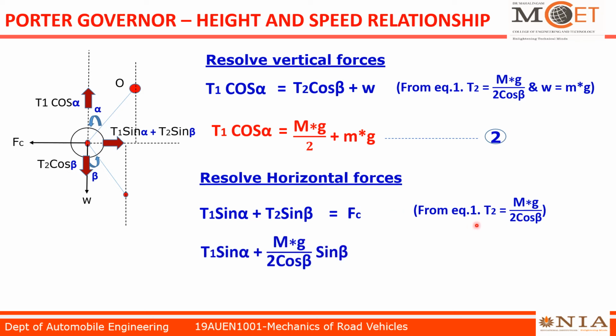If we apply this T2 value here, we get T1 sin alpha plus Mg divided by 2 cos beta into sin beta equal to Fc. T1 sin alpha plus Mg divided by 2 sin beta by cos beta, you know that is tan beta, equal to Fc.